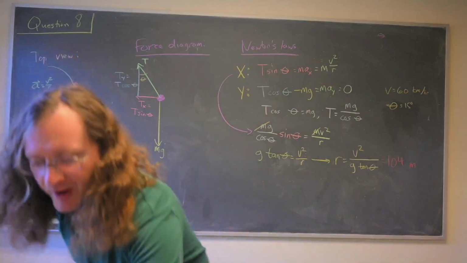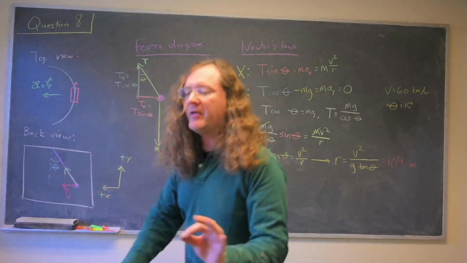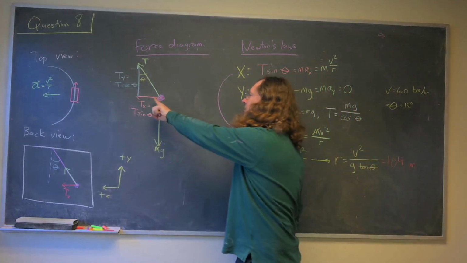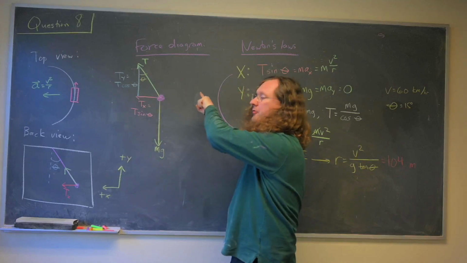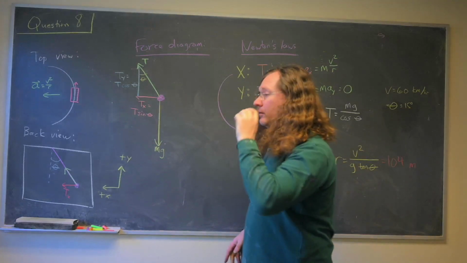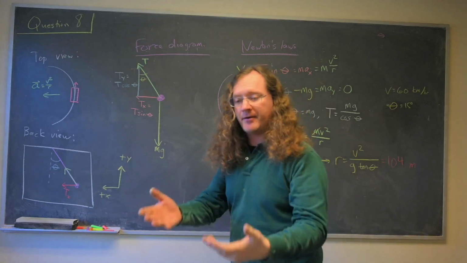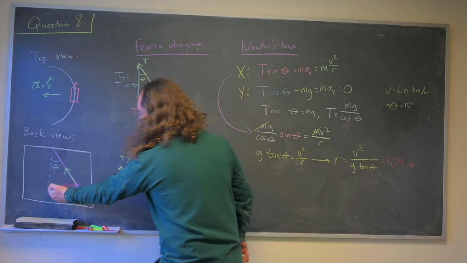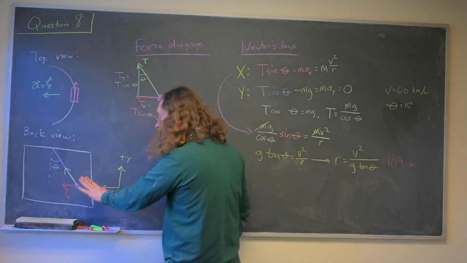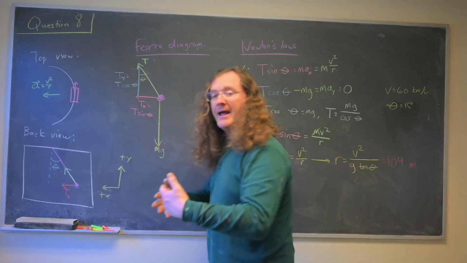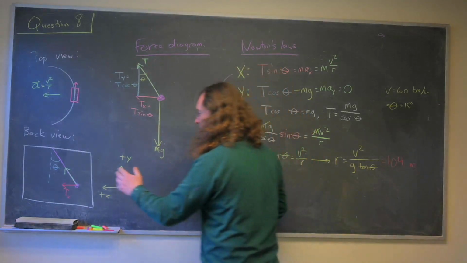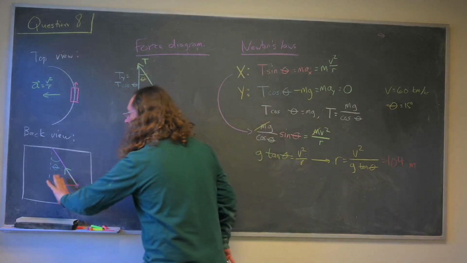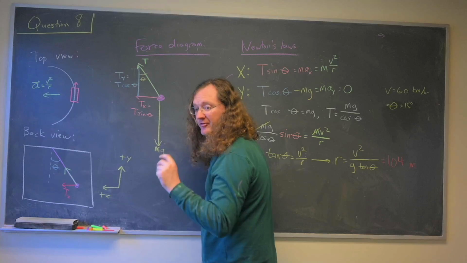The critical thing about this question, the big takeaway, and there will be something like this on the exam, is that no force pushes this ball to the right. Yes, if you are in the car, standing here, you would see this move over here. But really what's happening is that you and your subway car and the place on the ceiling where the rope attaches, everything else is accelerating to the left.